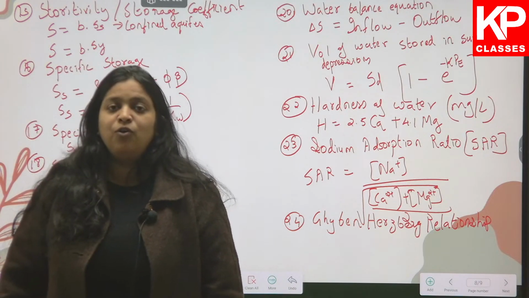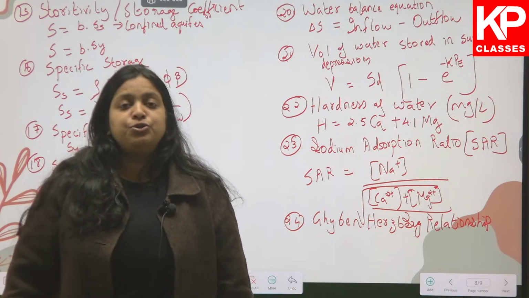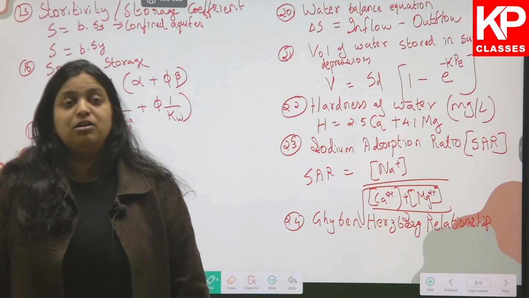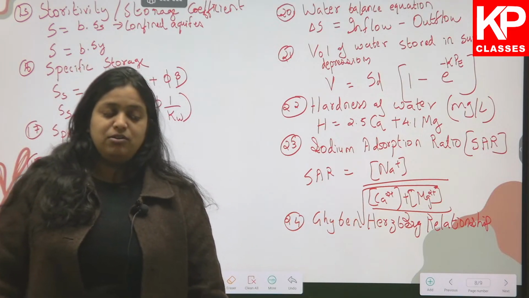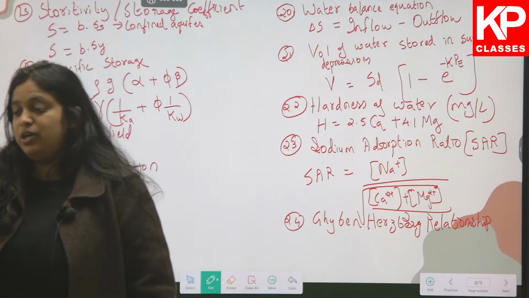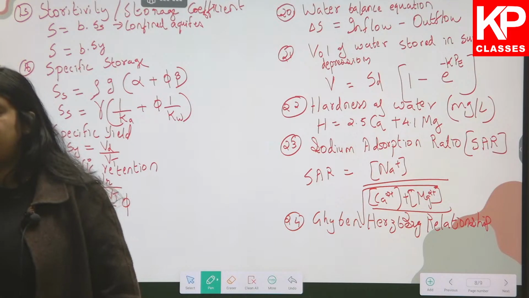Because of the over exploitation of groundwater along the coastline, the intrusion of salt water happens into the aquifer which is situated near the coastline. So we will be calculating the depth to which the intrusion takes place.